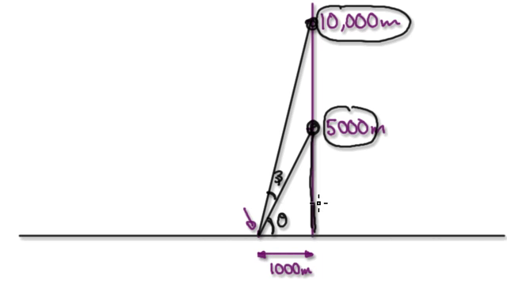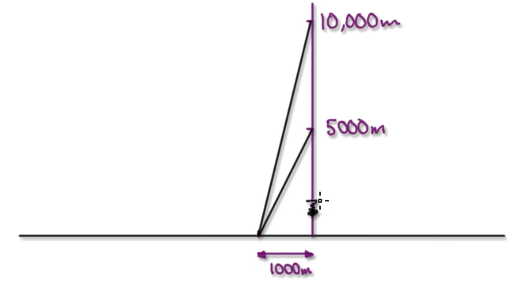So the point is that as the rocket travels further and further away, the rate at which the angle is increasing slows down. But it is increasing, it slows down. If the rocket's somewhere around here, theta increases by quite a lot. But when the rocket is up here somewhere, theta will increase, but by a tiny amount. Just bear that in mind, okay? All right.